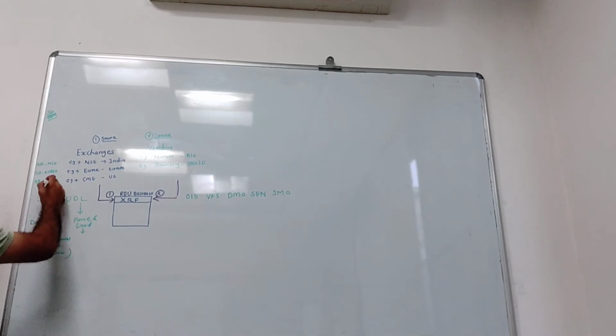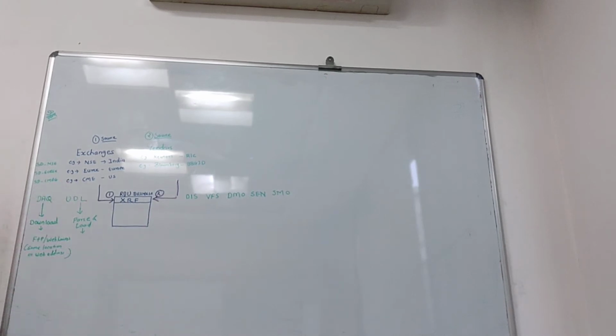These are different data sources. We have a different data source for each of these feeds, or for each of the different sources from where we are getting the data.